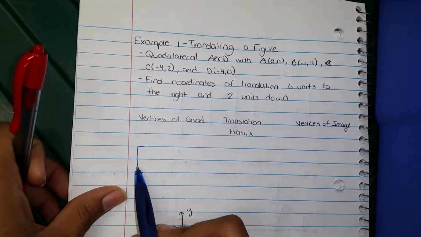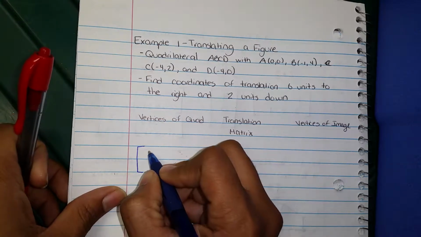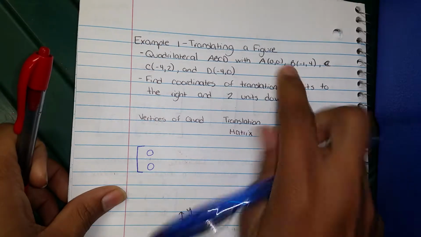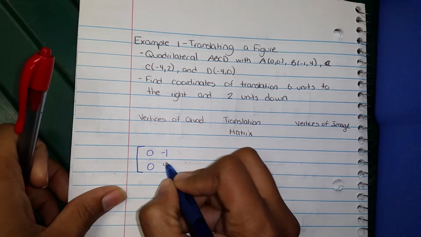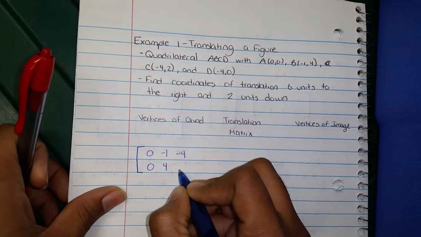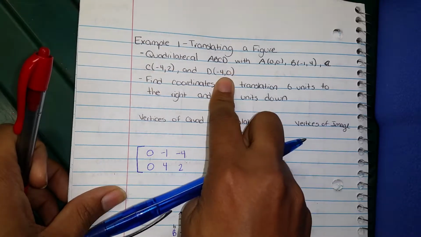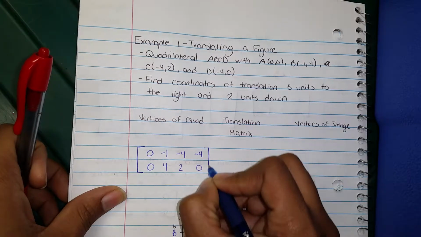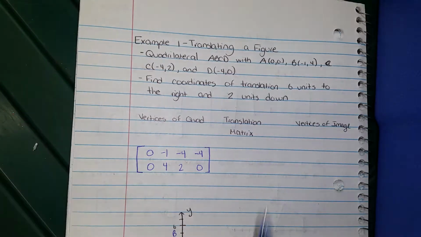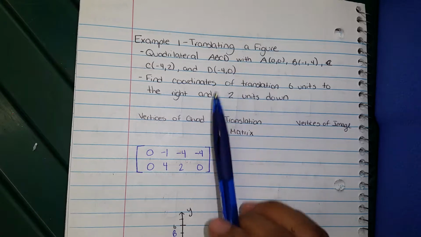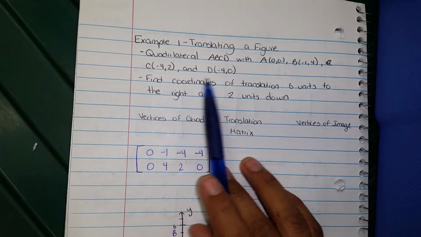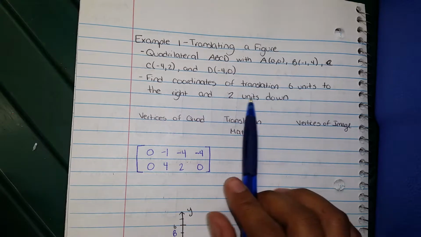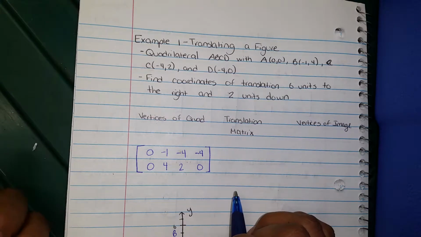So I'm going to have 0, 0 for A, then B is -1, 4. We're going to have -4, 2 for C, and then D is -4, 0. Exactly what we had before. And we want to find the coordinates of the translation 6 units to the right and 2 units down. Well, this is done through matrix addition.